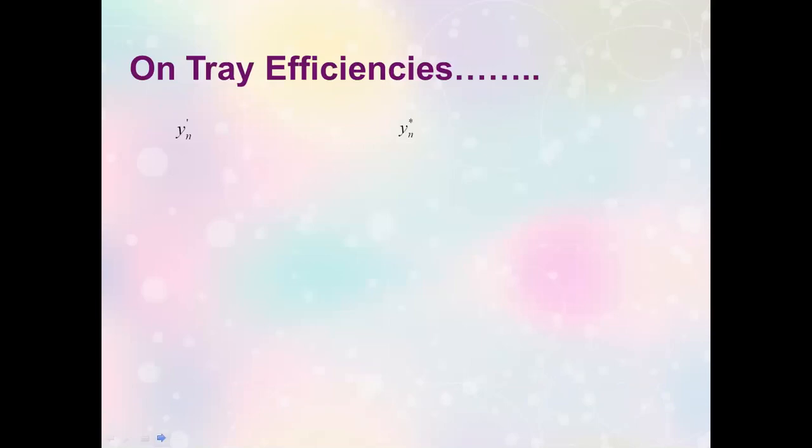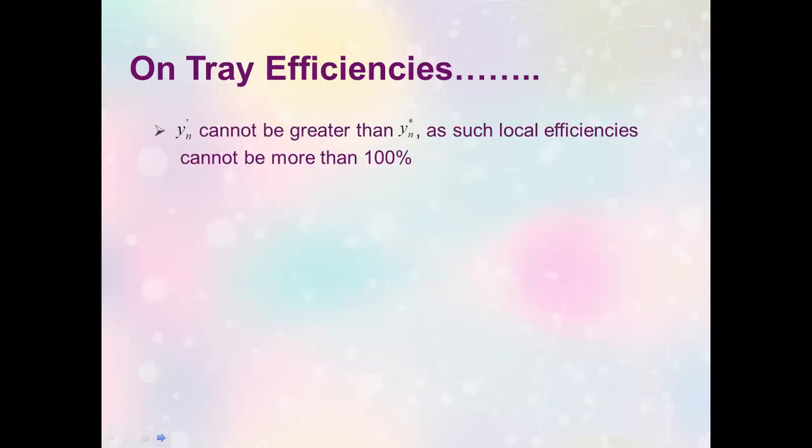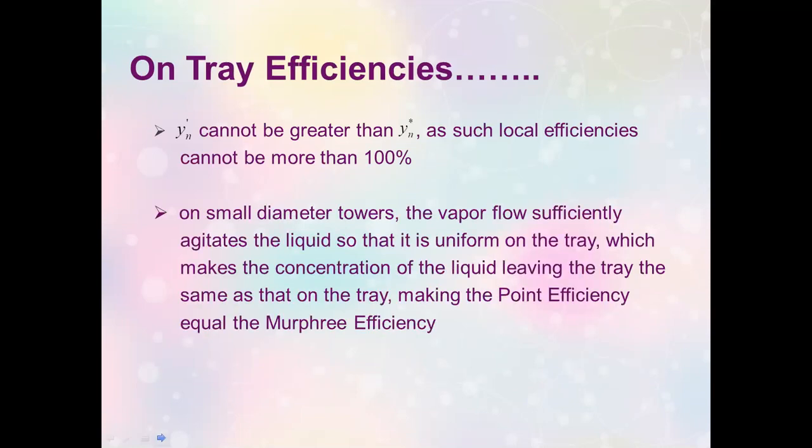Now, before that, there are generalizations summarized by John Couples as to how y sub n prime compares with y sub n asterisk. Since your y sub n asterisk is already the concentration of the vapor in equilibrium with the liquid leaving a particular tray or a particular point on a tray, then the value of y sub n prime could not be greater than it, because this one is already the equilibrium value, meaning this is the highest concentration already.